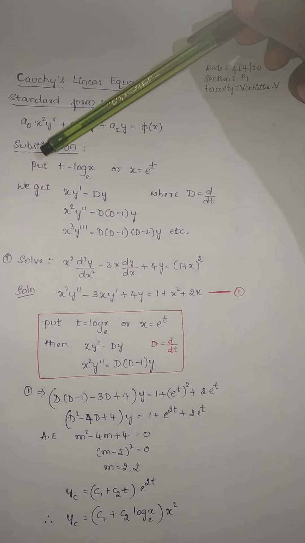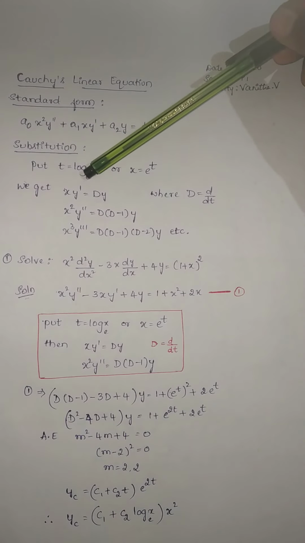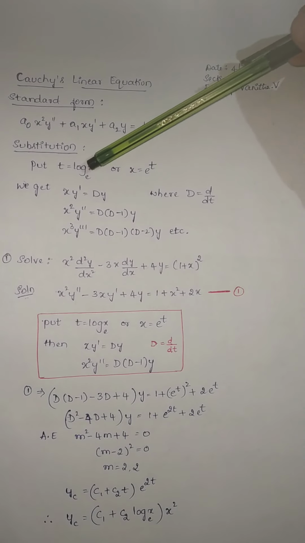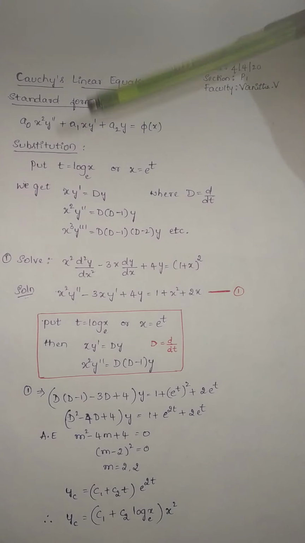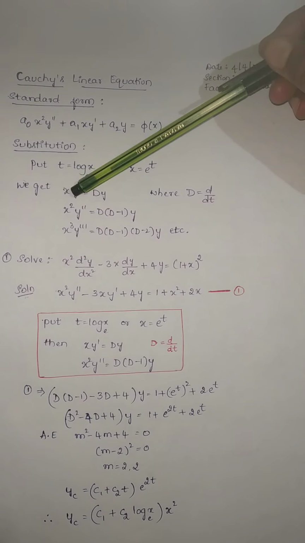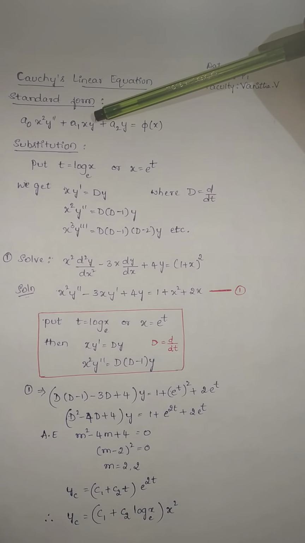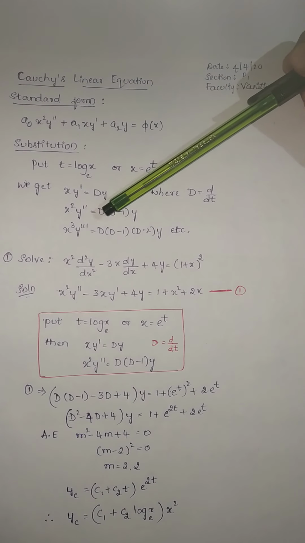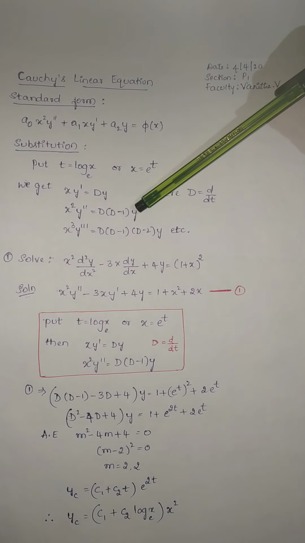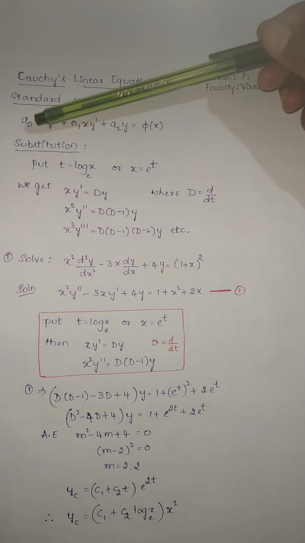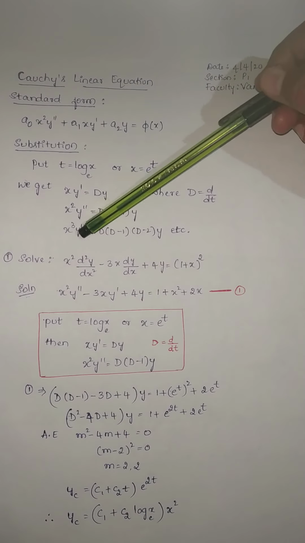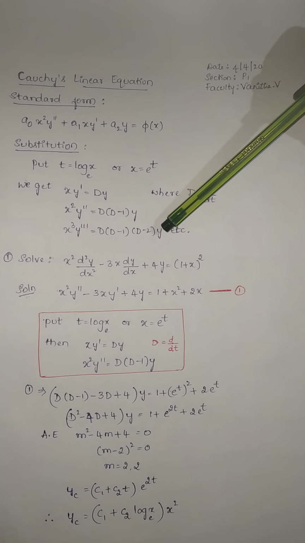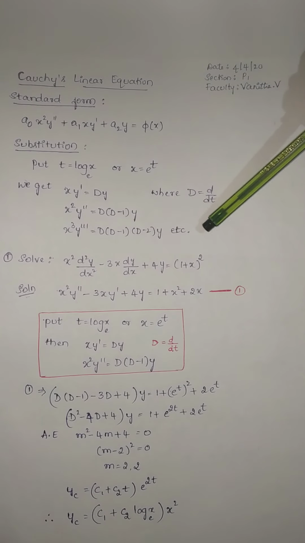That substitution is t = log x to the base e, or x = e^t. By taking this substitution, we get x y' as Dy, x² y'' as D(D − 1)y, and if a third order equation is given, then x³ y''' is written as D(D − 1)(D − 2)y.